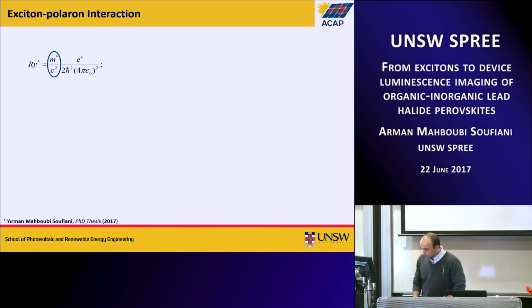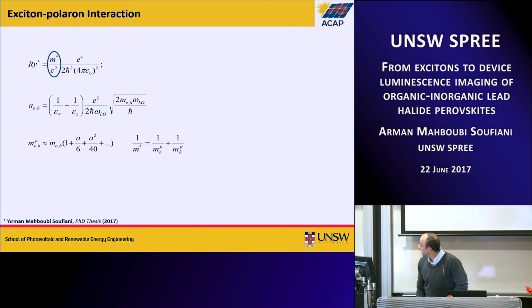The theory of the polaron, which is the transport of an electron in the field of the lattice vibrations, was developed by Frohlich. And he came up with this alpha, which is the coupling constant between the electron and the phonons surrounding it. And then Feynman further developed this theory and said, okay, the polaronic mass is something larger than the rigid mass.